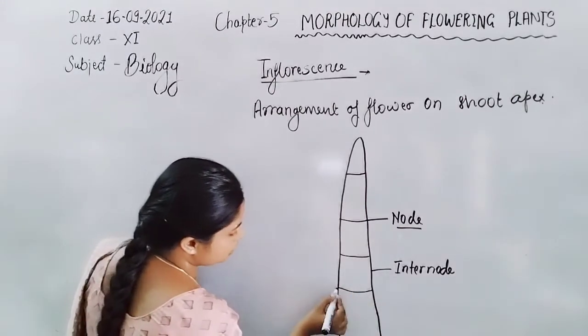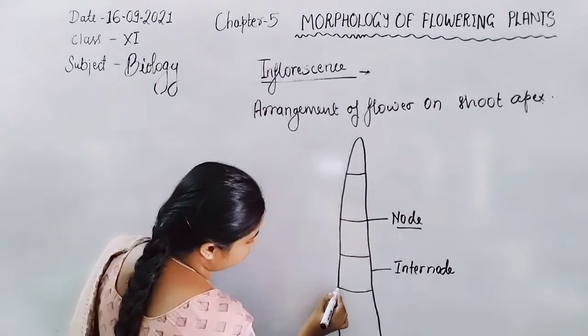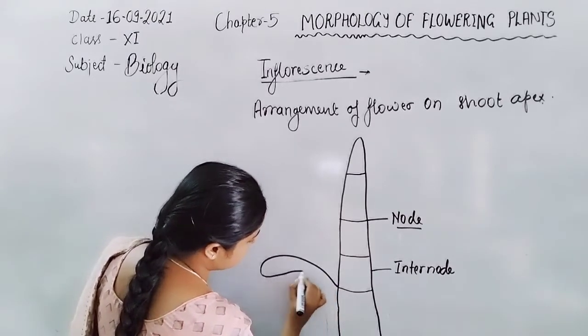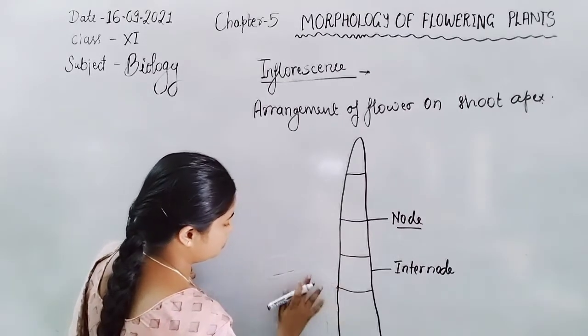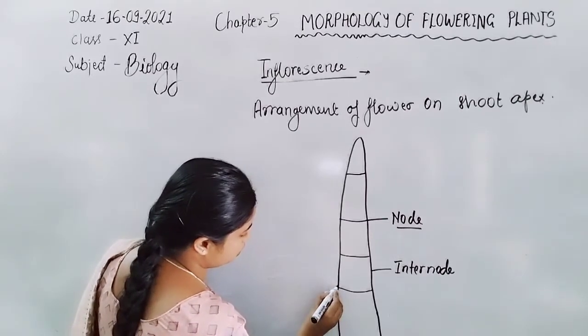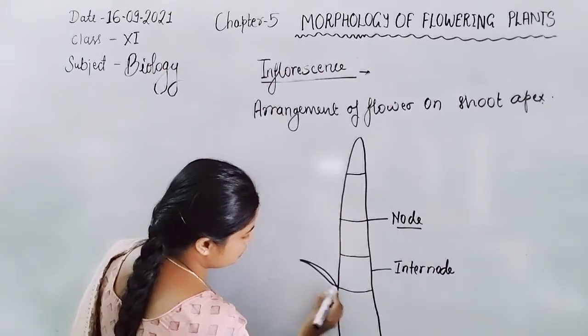For example, here is a node. From this one the sepals arise. So this node here represents the sepal.